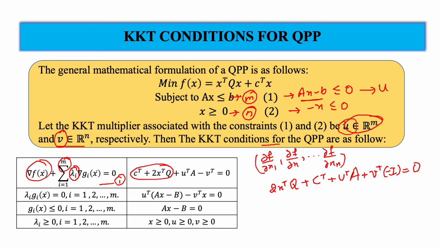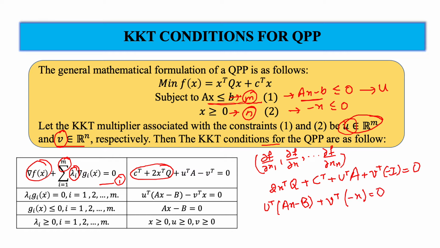Now for lambda i gi, you multiply lambda with each component, or you can take the sum over all the constraints with the Lagrange or KKT multipliers. So it will be u transpose (Ax minus b) for this, and for the next constraint it will be v transpose (minus x) equals 0.